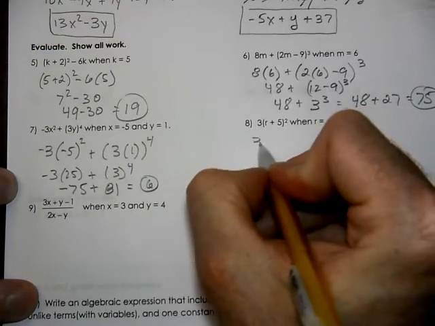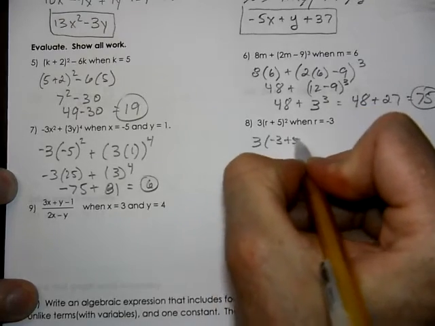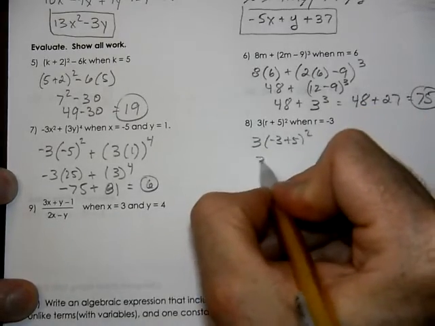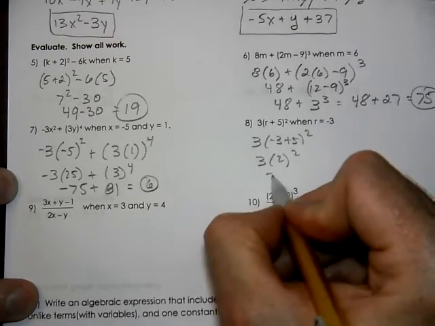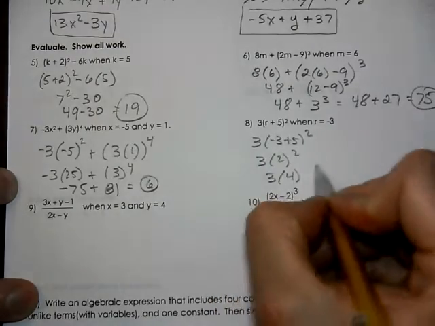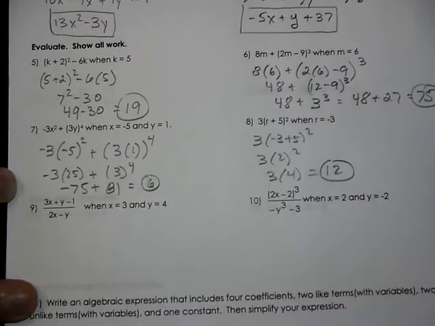R is negative 3. We don't say 6 squared. You got to square the 2, so you can call that 12.